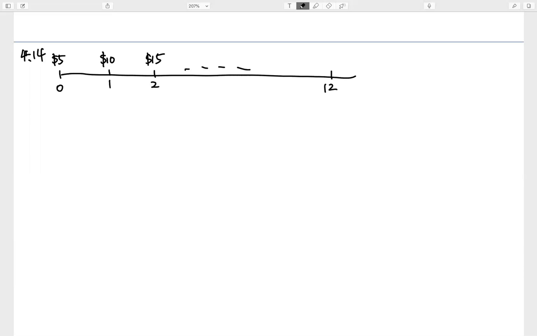So we easily see the payment frequency is 6 months. 6 years means it's 12 periods because it's a due. So the last payment is at 1 period equals 6 months.